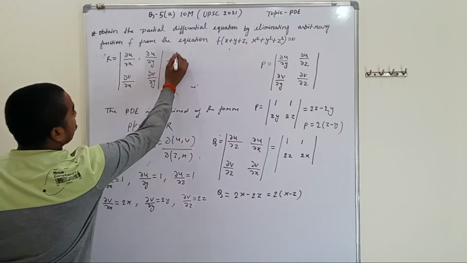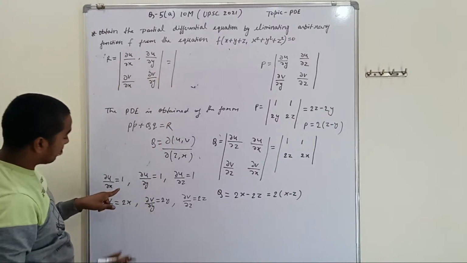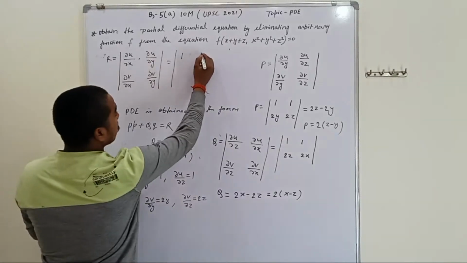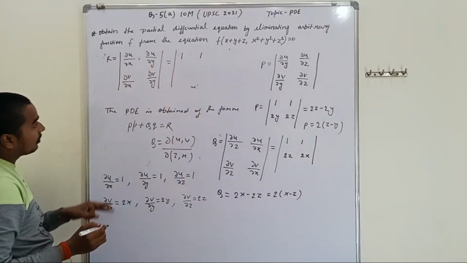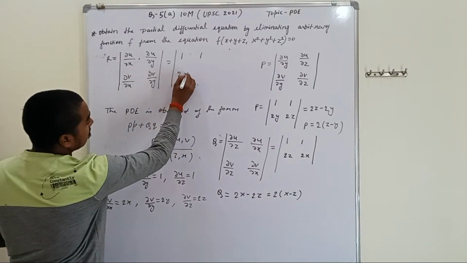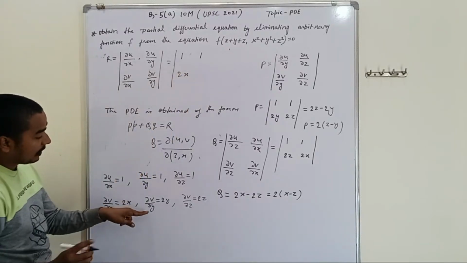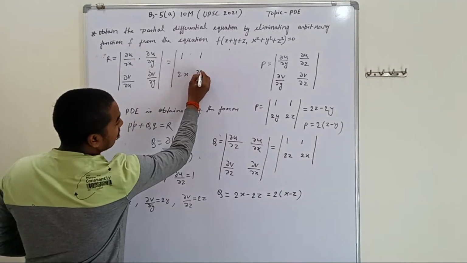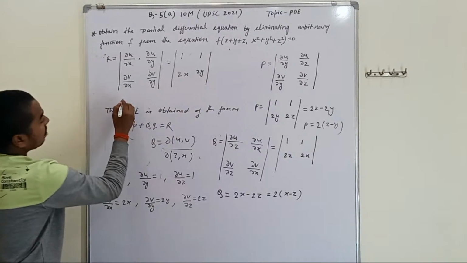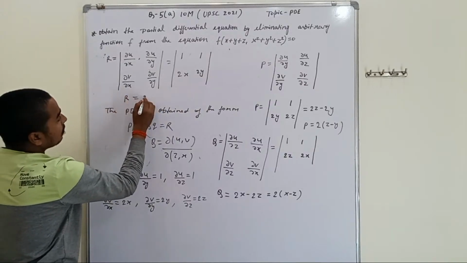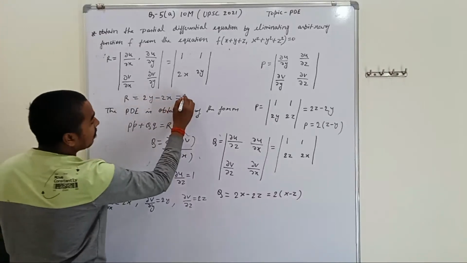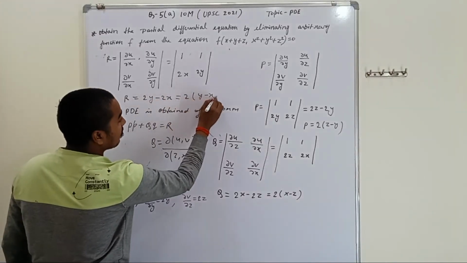Putting the values in the determinant, del u upon del x is 1 and del u upon del y is also 1. Del v upon del x is 2x and del v upon del y is 2y. On solving, R is equal to 2y minus 2x, taking 2 common, that is y minus x.